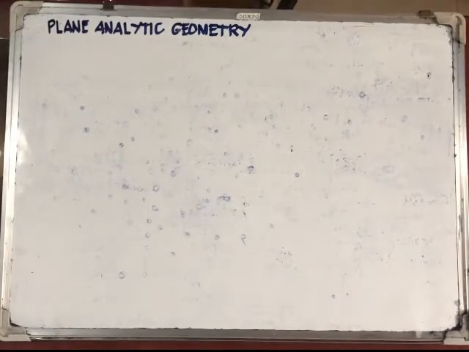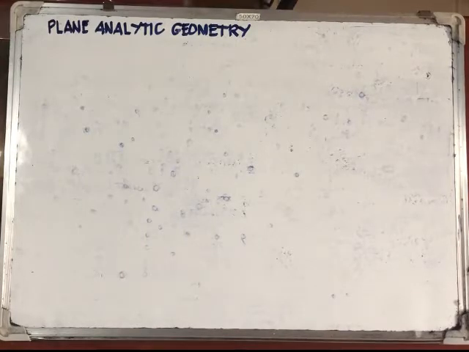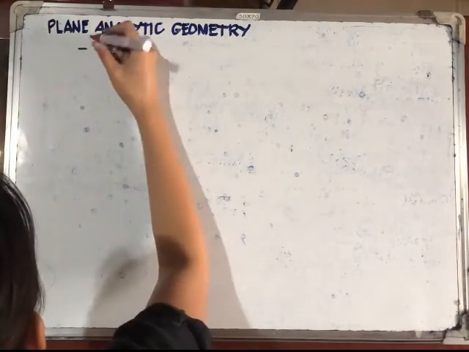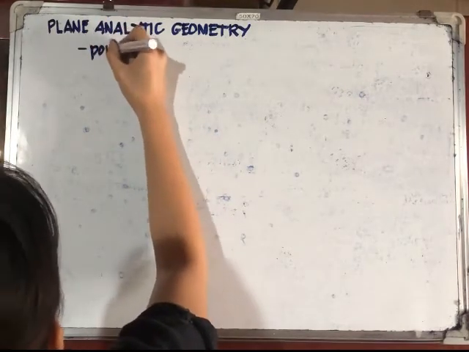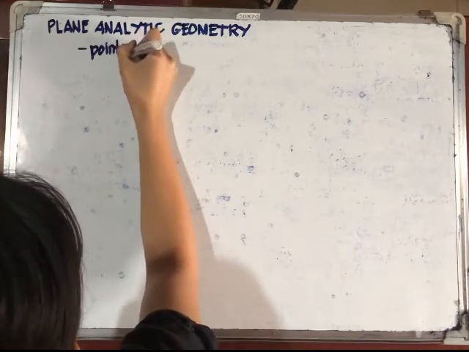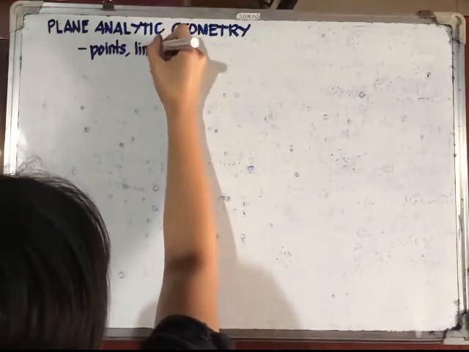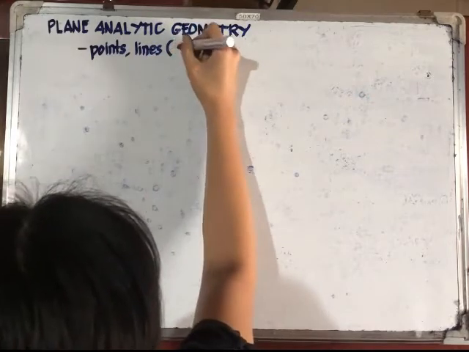This lesson is all about plane analytic geometry. A lot of the things that will be discussed under this topic pertain to the Cartesian coordinate system. That would be all about points, lines, in particular straight lines for today.